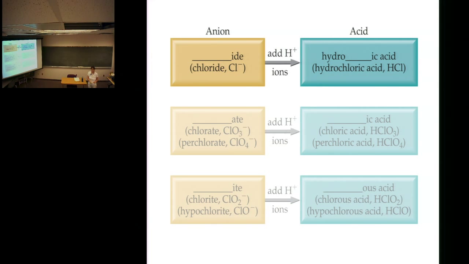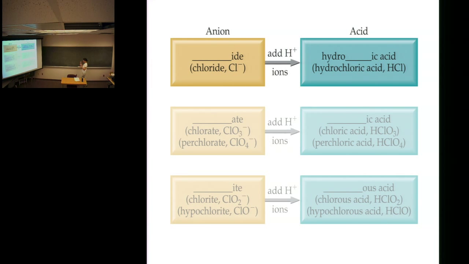Hydro never, ever, ever goes with oxyacids. Okay? So which one does hydro go with? Binary or oxy? Binary. Okay, remember that? Hydro goes with the binary. Never put hydro with the oxyacids. Never, ever, ever. Okay, it goes with the binaries. All right, that was that rule.